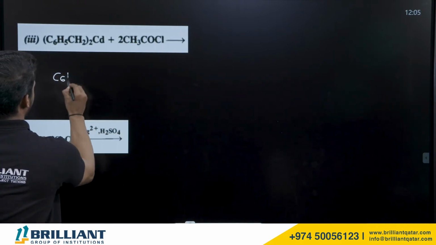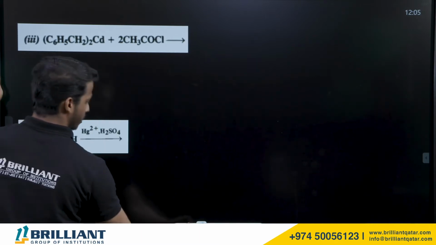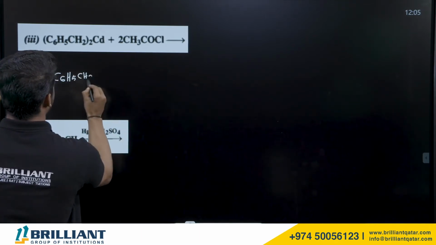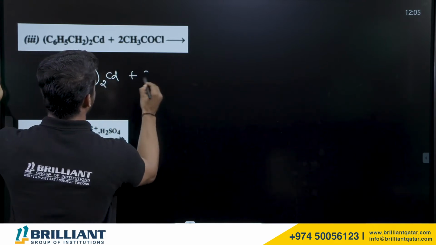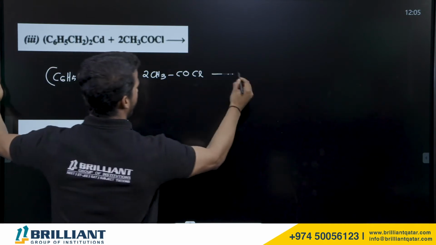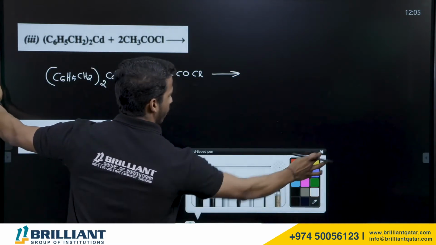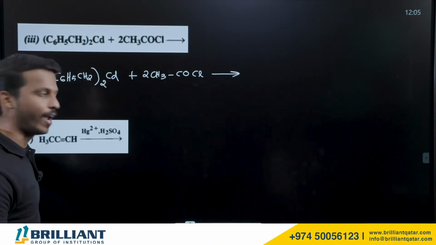(C6H5CH2)2Cd, I'm just rewriting. Dibenzyl cadmium with 2 CH3COCl. Alright, you may study this reaction in the preparation of ketones. Your product is a ketone. Why?